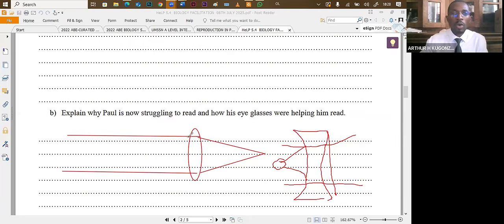For example, when you look at this lens here, you can tell that this lens converged light rays onto the retina, therefore able to read. Then this one, you say this lens diverges light rays from a nearby object and focuses it onto the retina, hence making him able to read. That's how you now answer the how part of it.